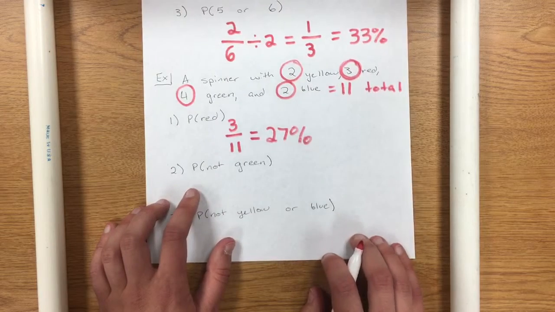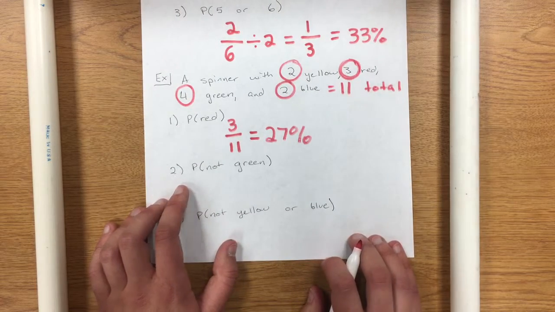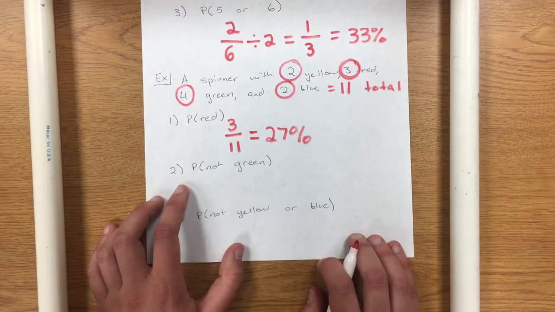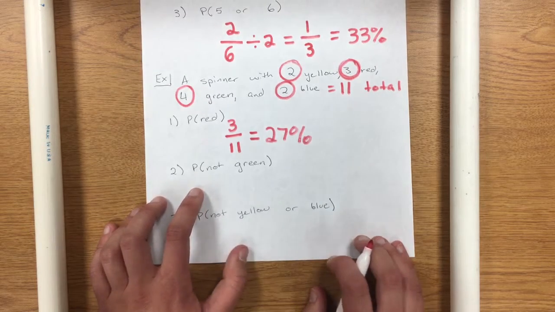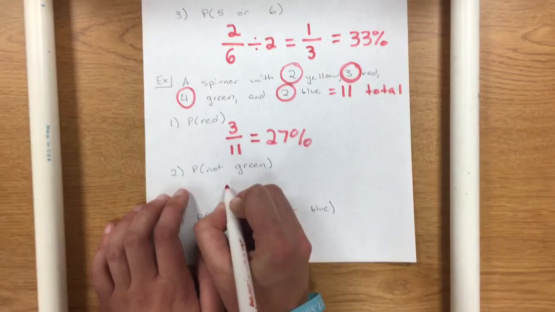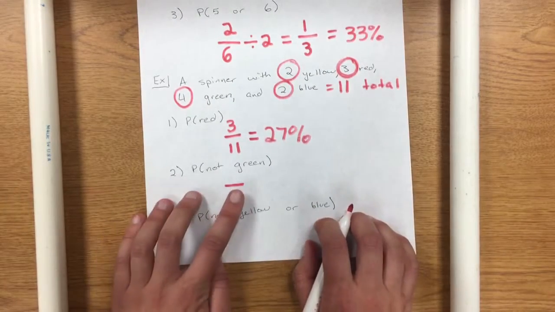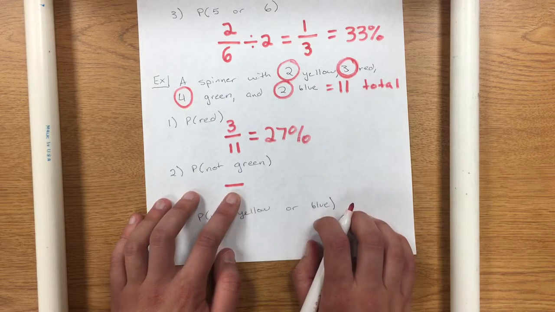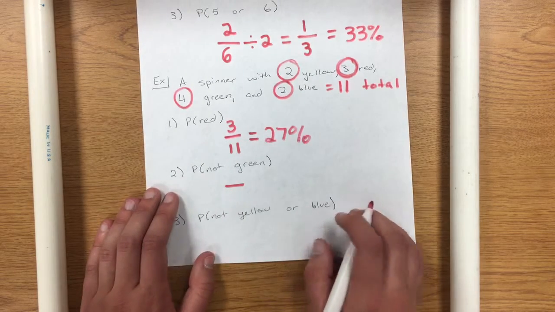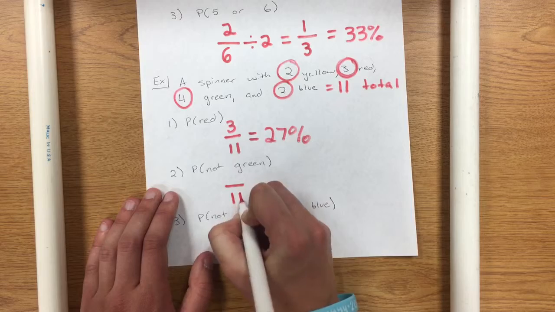All right, number 2, finding the probability of not getting green. This one's going to be a little bit trickier, but not that bad. We're still going to have our fraction. What's going to go on bottom? Our total number of possibilities, which is how many? 11.